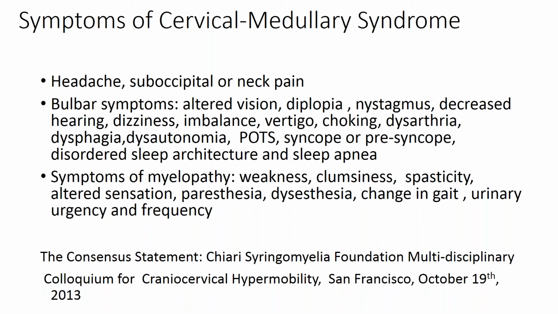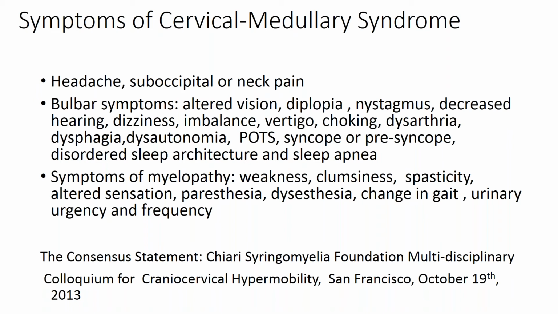I should add tinnitus to that, ringing in the ears, dizziness or problems with balance or vertigo, difficulty with choking or with speaking or with swallowing, problems with the autonomic nervous system, the postural orthostatic tachycardia syndrome that we discussed earlier, fainting or a feeling like you're going to faint, and disordered sleep architecture and sleep apnea. All of these are symptoms we call bulbar symptoms.